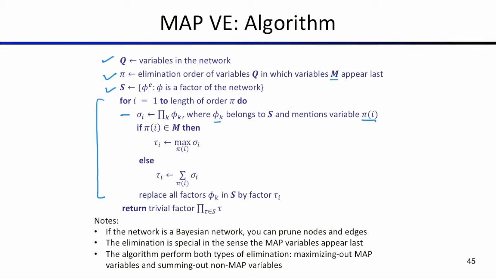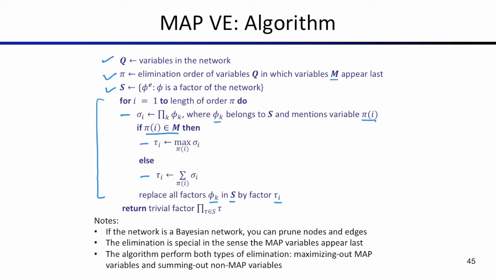If this variable that I'm going to eliminate belongs to the set of map variables, the elimination will be a maximization, and we'll call the new factor tau I. If it's not one of the map variables, I will eliminate that variable by using a summation, and we also call this new factor tau I. And replace all the factors phi k that I have in the set S by the tau I that I just generated, and continue doing this process, one for each variable in the elimination order.